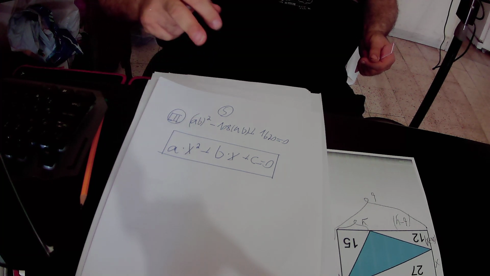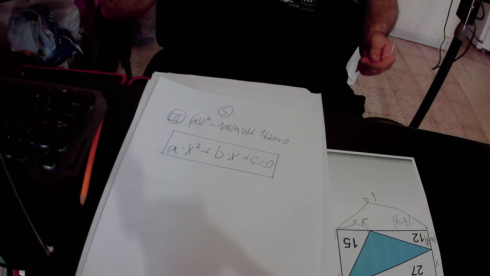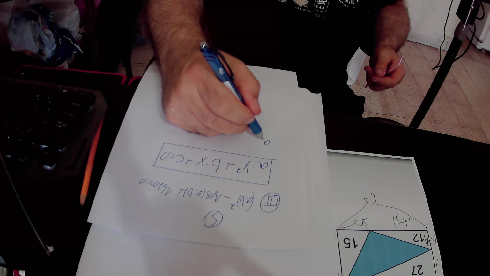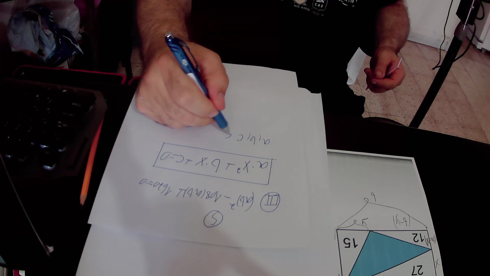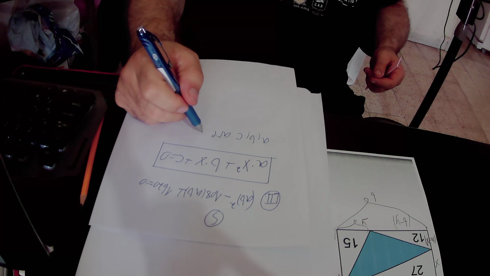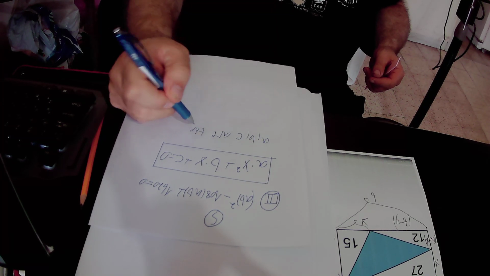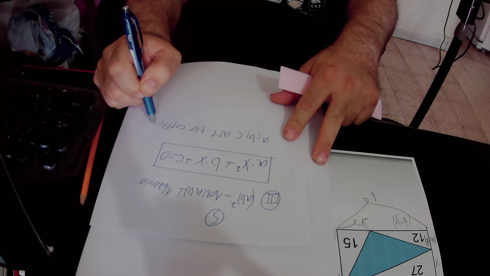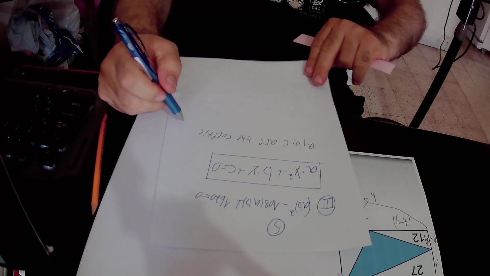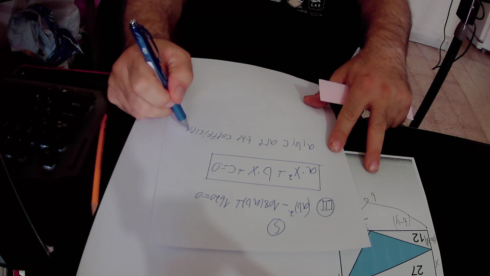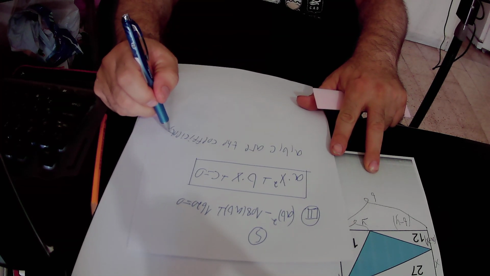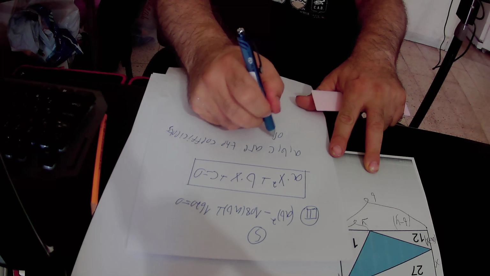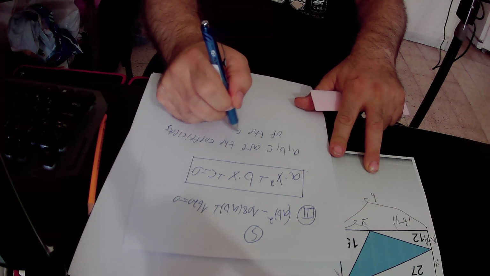And actually a, b, and c are the coefficients of the quadratic equation. So we'll write it down. a, b, and c are the coefficients of the quadratic equation.